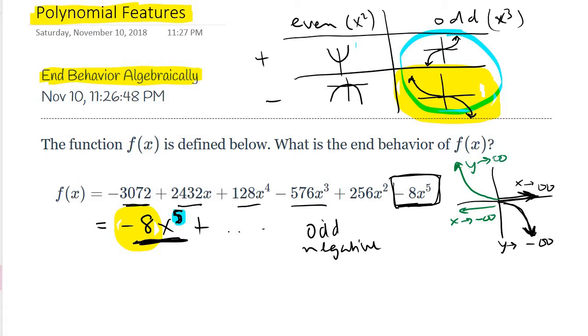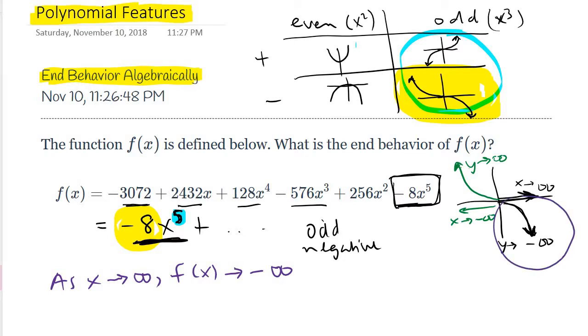Now I'm going to write it down as it is written in Delta Math for you. We're going to say as x is approaching positive infinity, f of x is approaching negative infinity. That's for the right side over here, the one I'm circling.